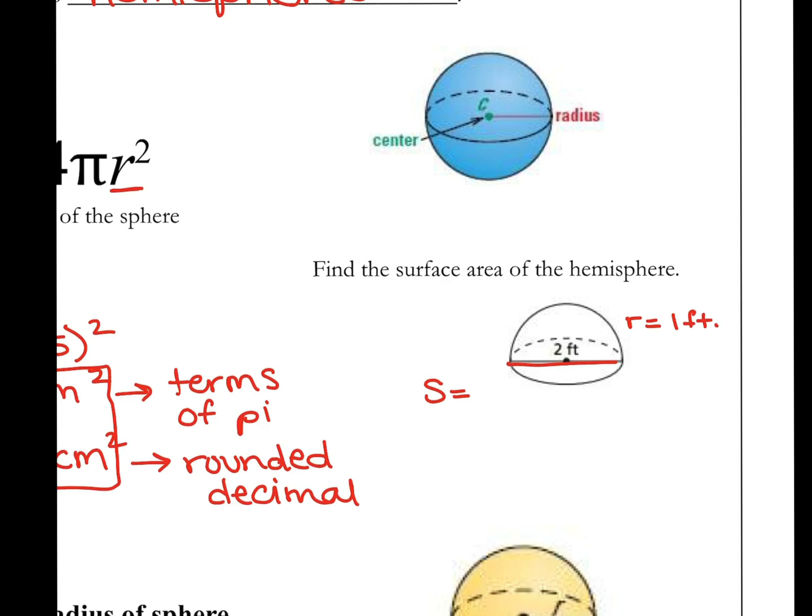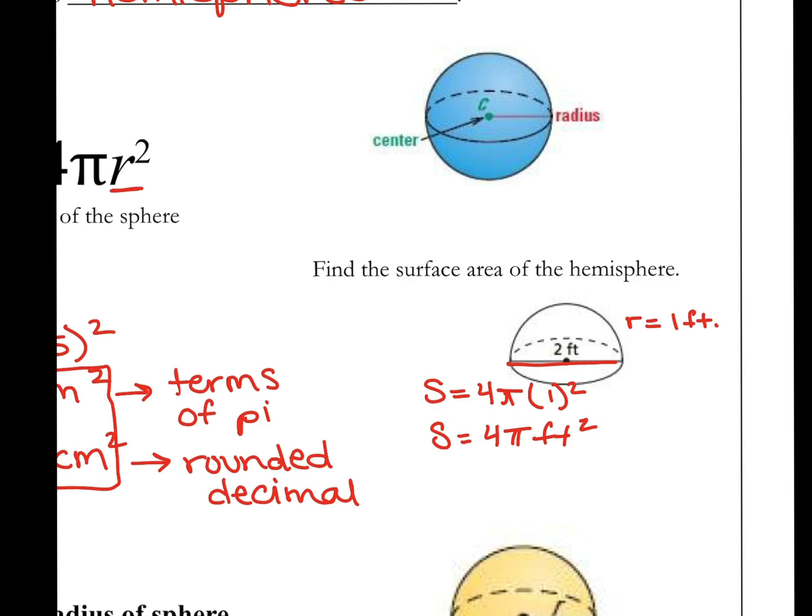So if we use our surface area formula, 4 times pi times radius squared, in terms of pi, we will get 4 pi feet squared. That is the surface area of this entire sphere.